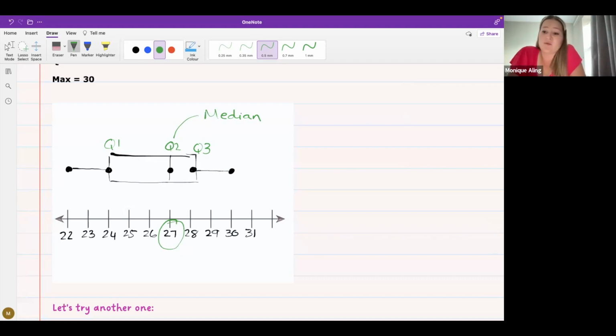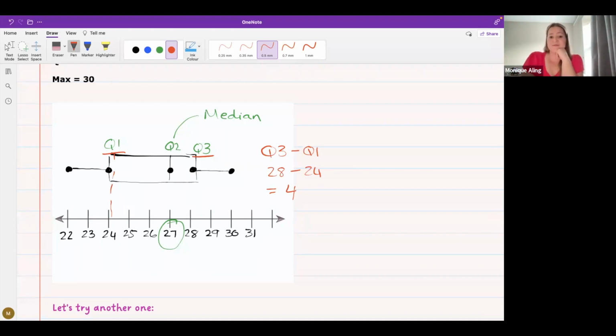I could also ask you to work out the IQR by looking at this box and whisker. We know IQR is our quartile 3 minus our quartile 1. We know that quartile 3 is 28 by looking at the number line, and quartile 1 is 24. So our interquartile range is 4.